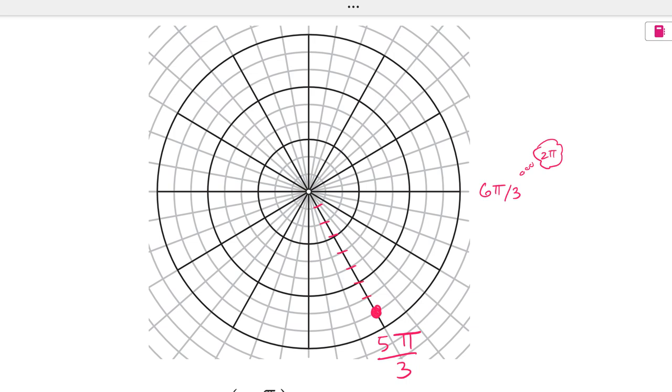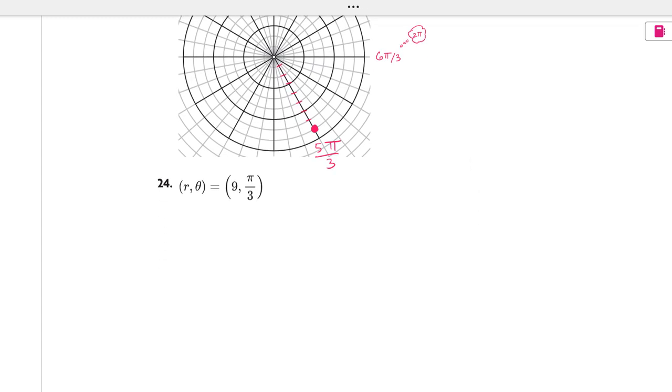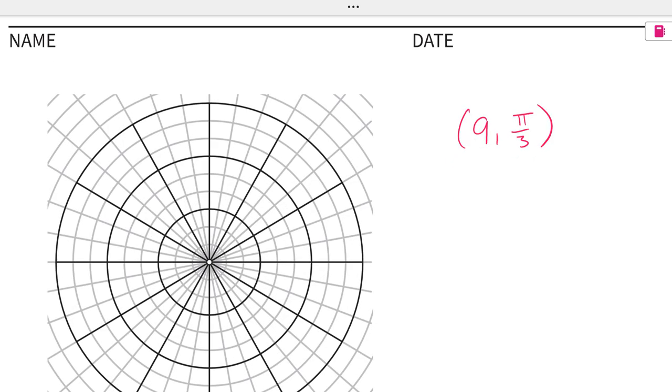There's our 8th spoke. Okay. So we have 9 and then pi over 3. So 9 pi over 3. So pi over 3 is right here. So 9. So 1, 2, 3, 4, 5, 6, 7, 8. We're all the way at the end there. 9.